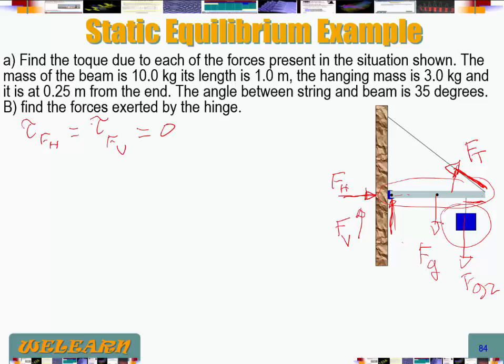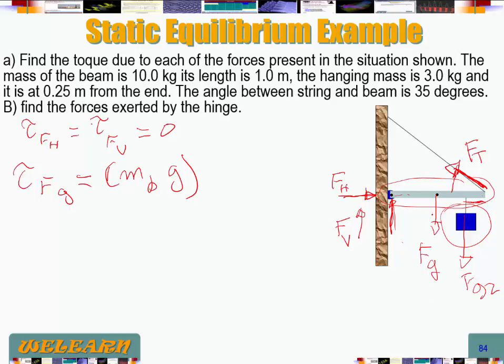Now, we are left with the other forces, 3 of them. The torque due to Fg is easy. It's Fg, which is the mass of the beam times g, times the lever arm.